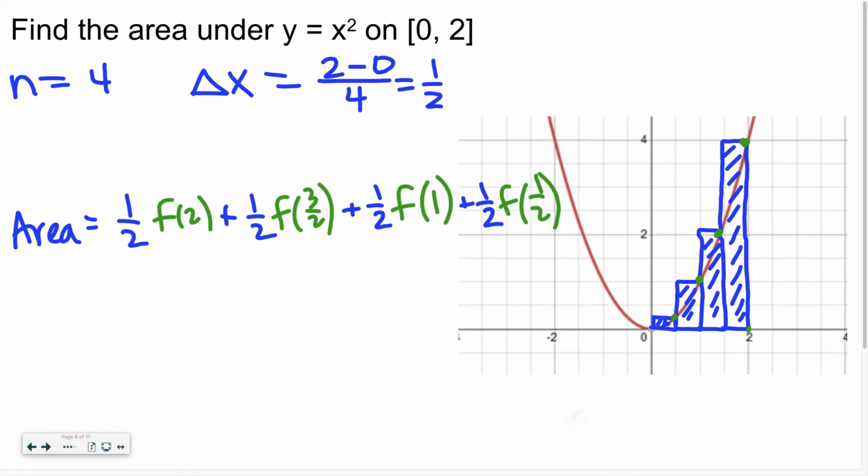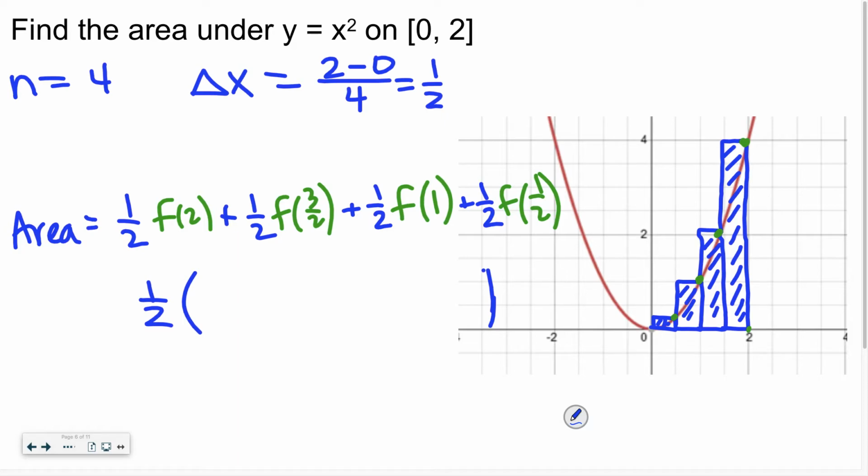I don't think that you ever want to really set it up like that. If your rectangles all have the same width, I am fine with you writing 1/2 times and writing the sum of your heights.